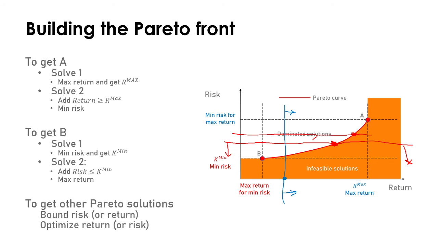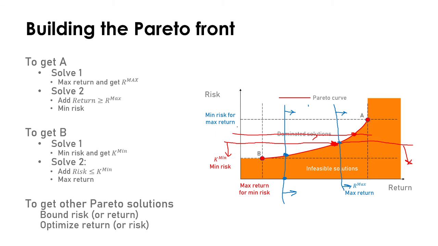So I'm moving down this vertical line till I get to this point. So we want to get the solution which has a return at least that imposed by this vertical constraint line, and we want to minimize risk, so we would move down this line till we would get this point here. So if we repeat the process several times, we get several points.